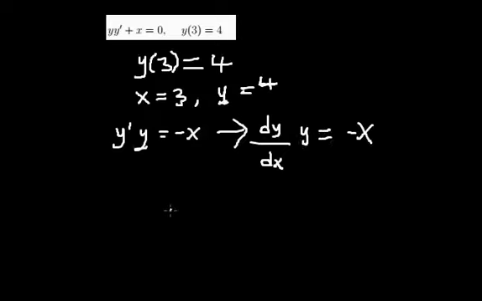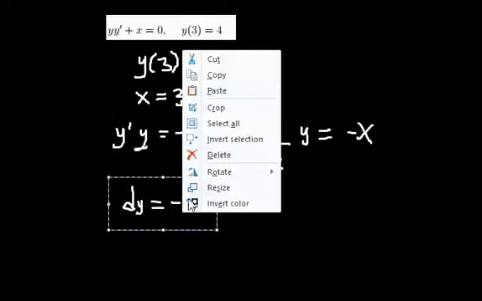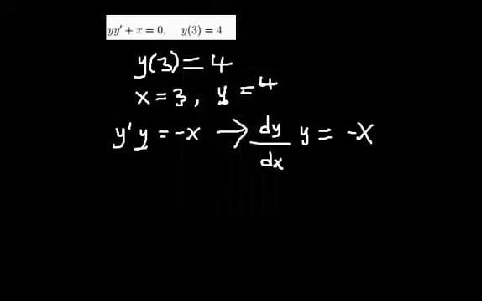And of course, if we cross multiply that, we're going to have, please pardon me, y dy equal to minus x dx.